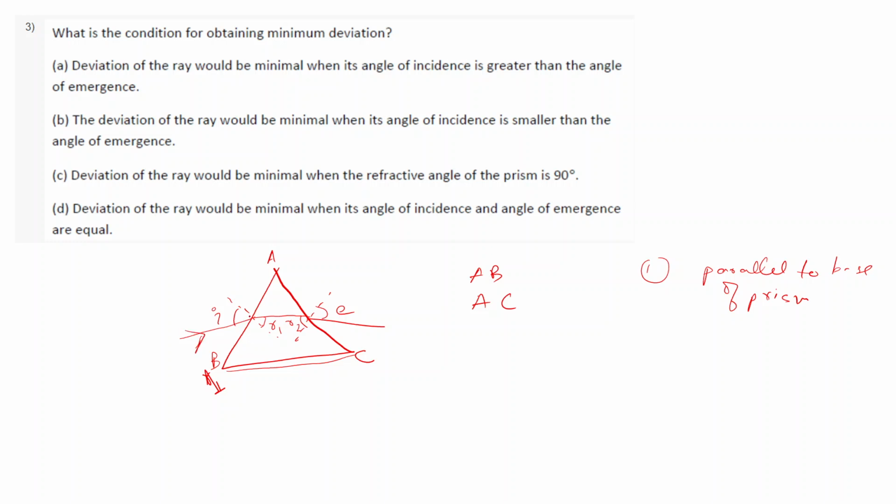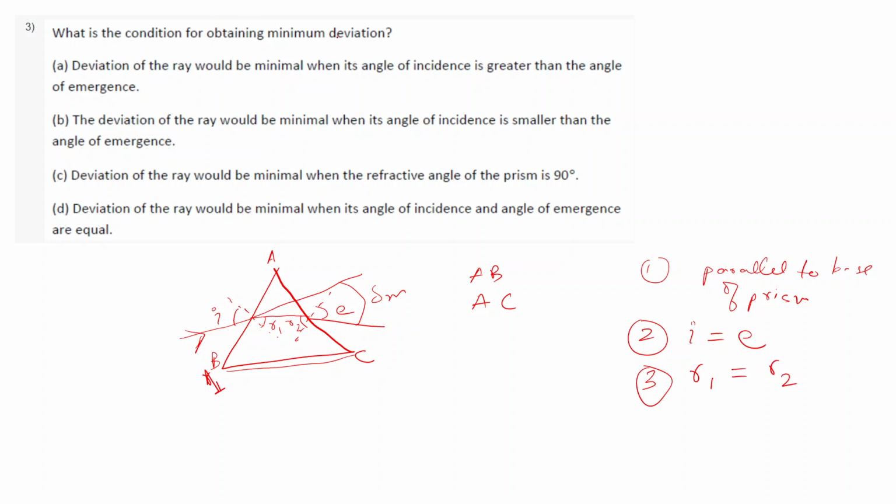The deviation will be minimum. And what happens in this angle of minimum deviation position is that angle of incidence is equal to angle of emergence. Also, refractive angle 1 is equal to refractive angle 2.